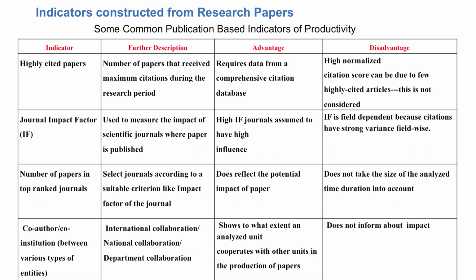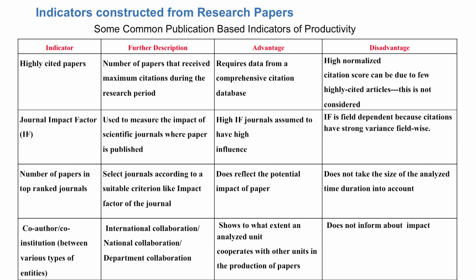Journal impact factor is used to measure the impact of the scientific journal where a paper is published, but you have to be careful that impact factor is field dependent, because citations have strong variance field wise.